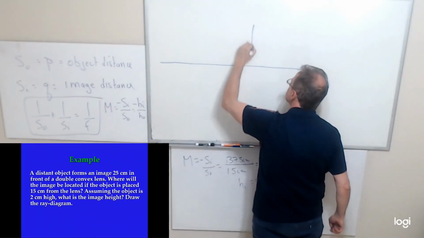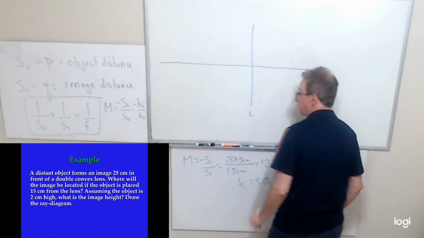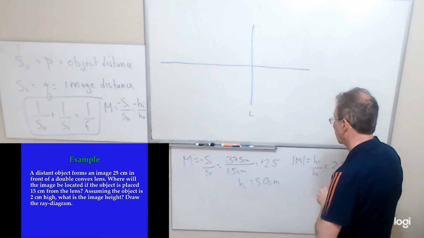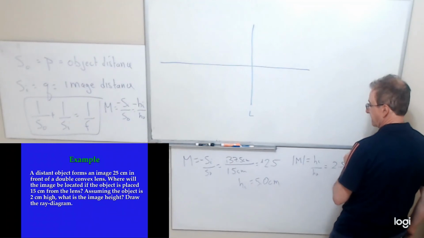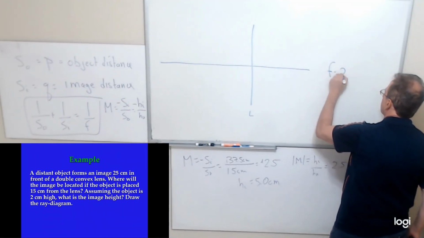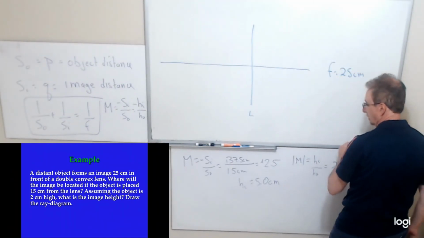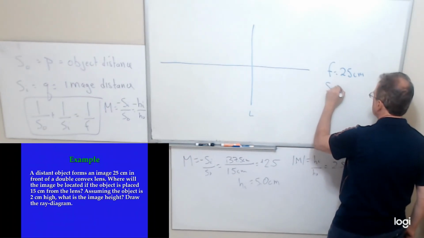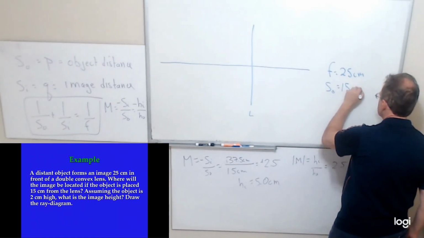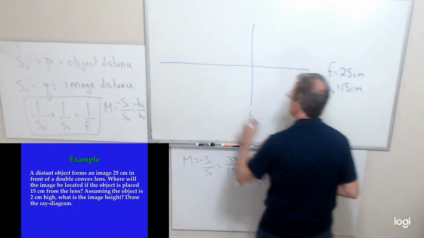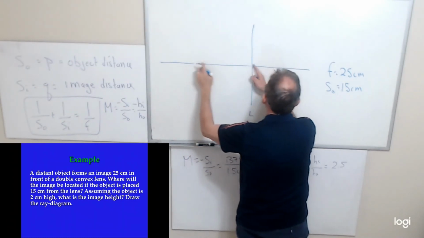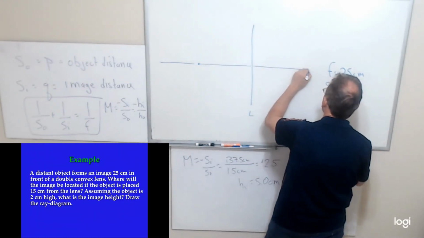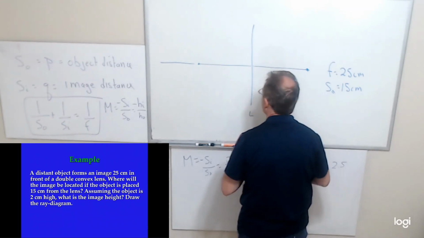So here's my lens, and my focal length is 25 centimeters, and my object distance is 15 centimeters. So let me draw these in here. Try to be as accurate as I can, doing this by hand. And then let me draw my object.